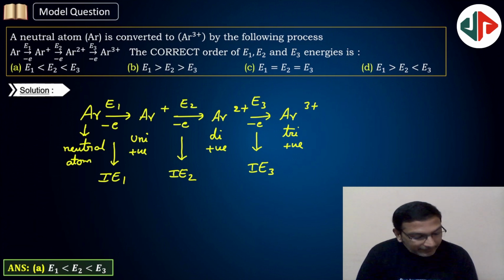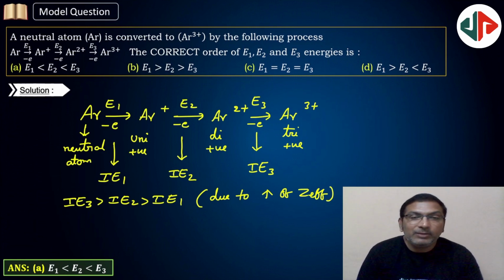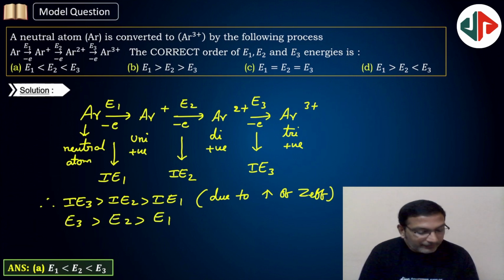Clearly we know IE3 is greater than IE2, greater than IE1, due to increase of Z effective by the removal of electrons. So IE3 is E3 given in the question, IE2 is E2 and IE1 is E1.